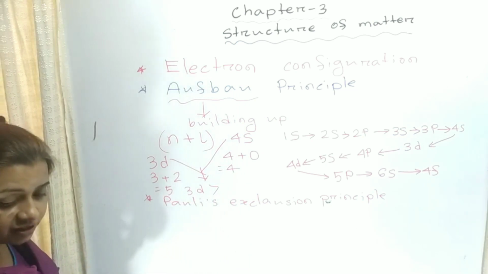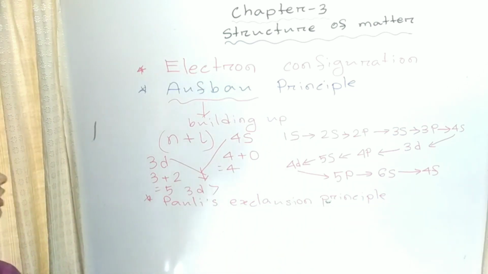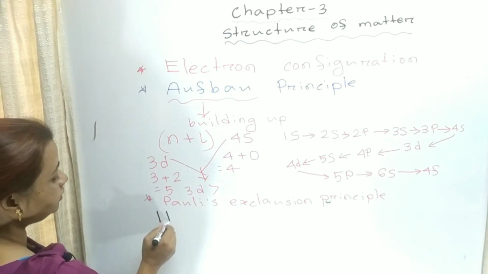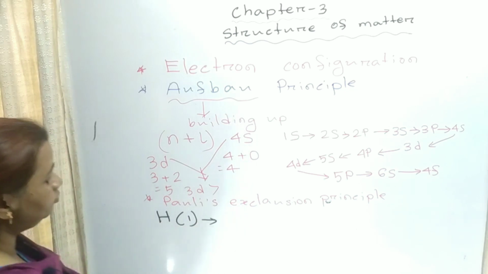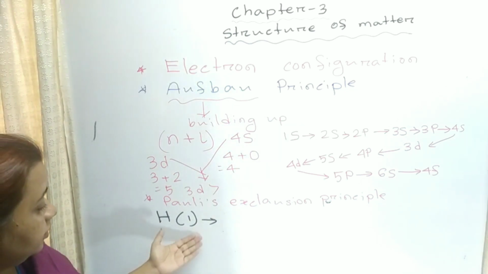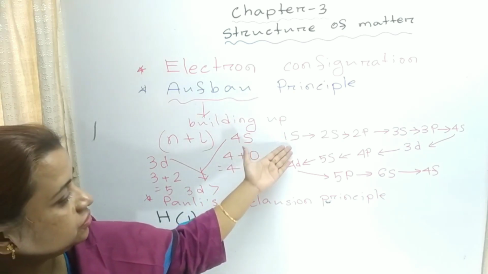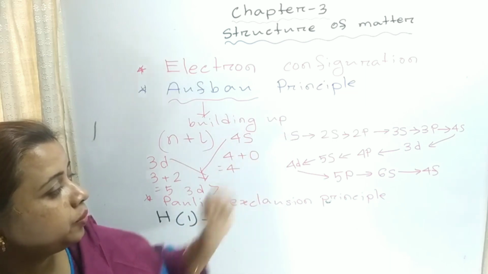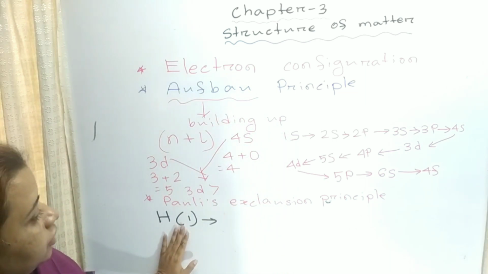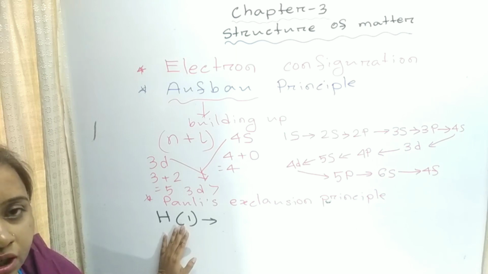At first I am starting from atomic number 1. Whose atomic number is 1? Hydrogen. Atomic number is 1. So students, can you say where the electron will enter? I told you that at first electrons will go to this 1s, and you may ask me how many electrons will enter into the 1s orbital.